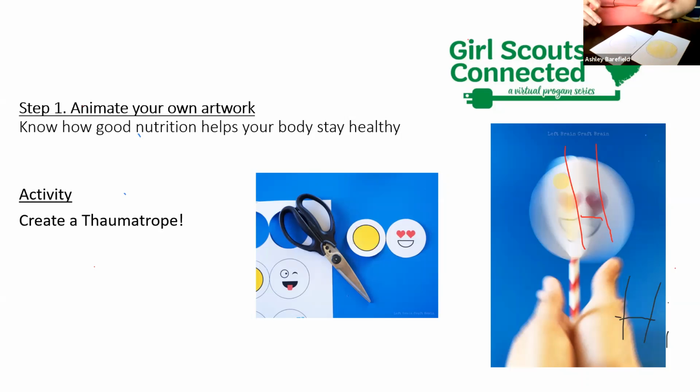And then on the other circle is where you're going to draw your face. And for your face, you can draw whatever you want it to be. It can be like the emoji with the heart eyes or the emoji with the winky face or just a regular smiley face.